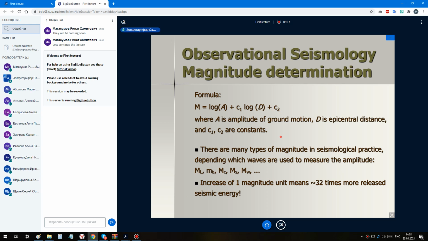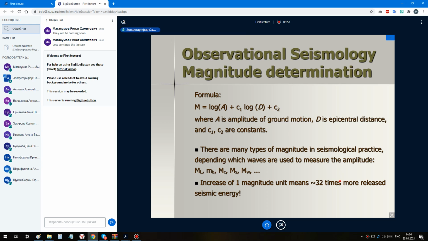Another formula for magnitude calculations is shown in this slide. M is log base 10 of A plus c1 log D plus c2, where A is the amplitude of ground motion, D is the epicentral distance, and c1, c2 are constants.